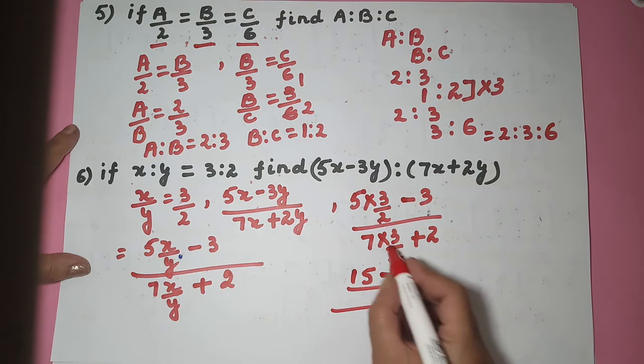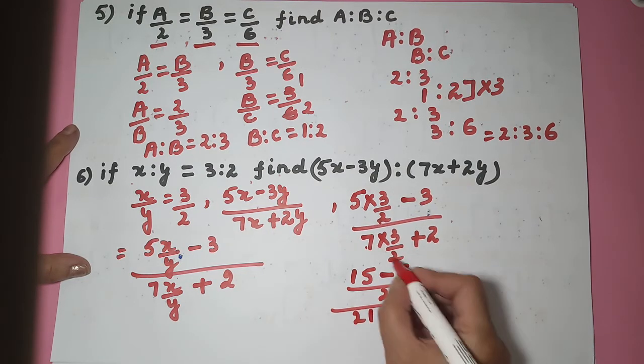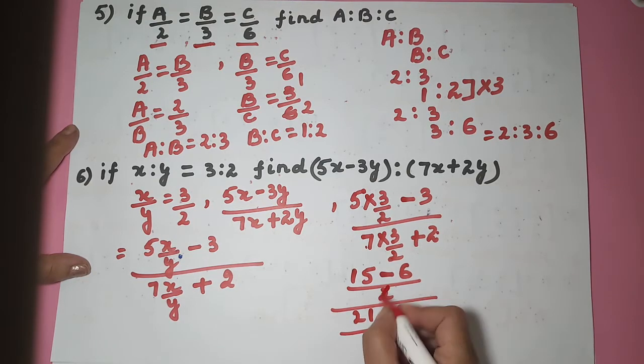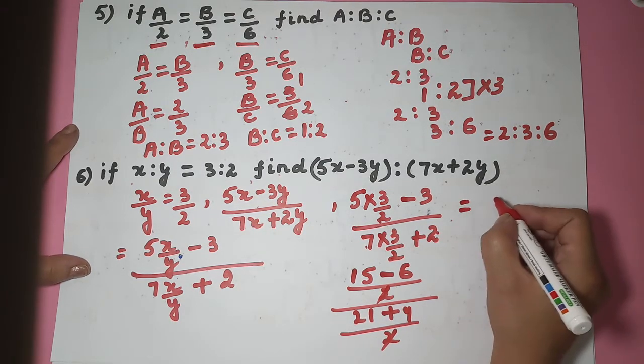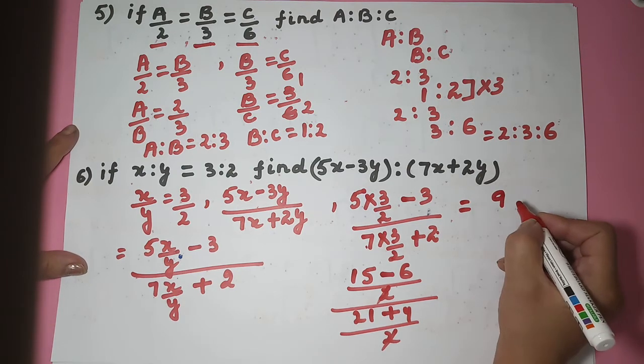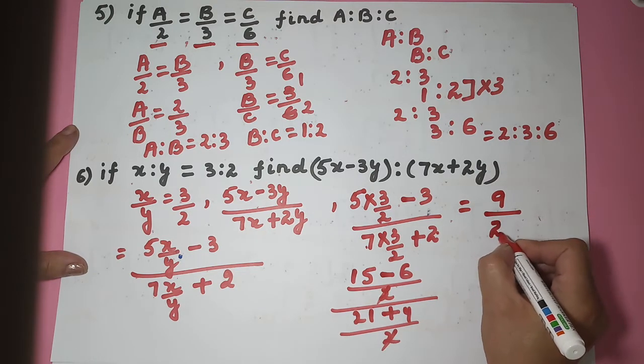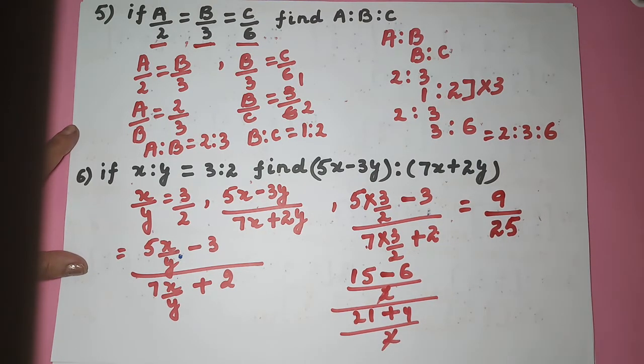Here I'll get 21 plus 4 divided by 2. 2 and 2 will go. So I am finally left with 15 minus 6 is 9 upon 21 plus 4 is 25. Right?